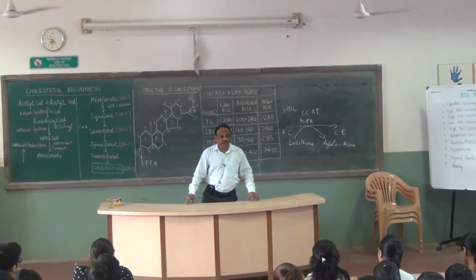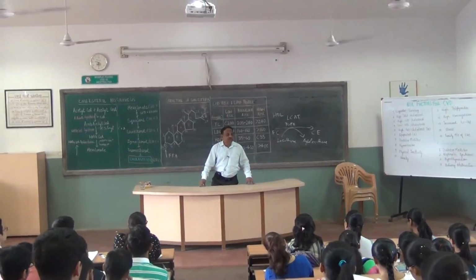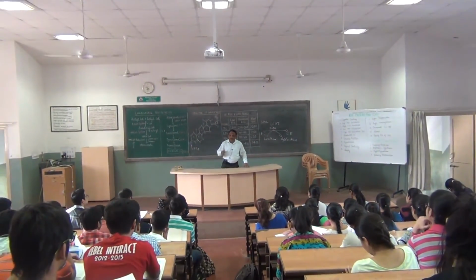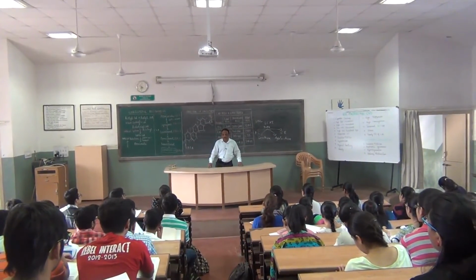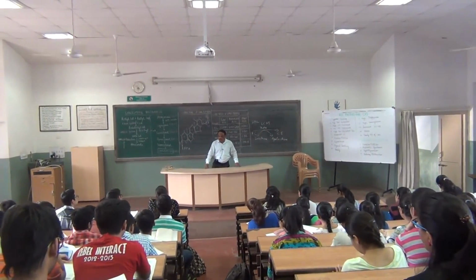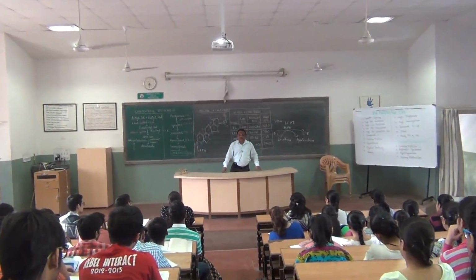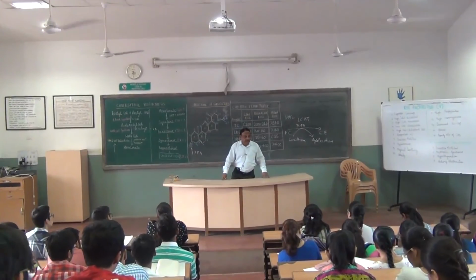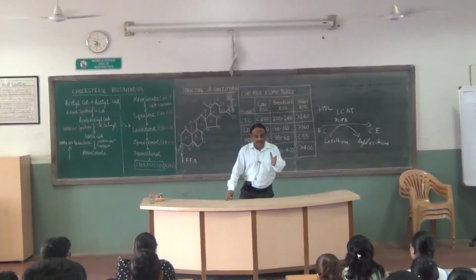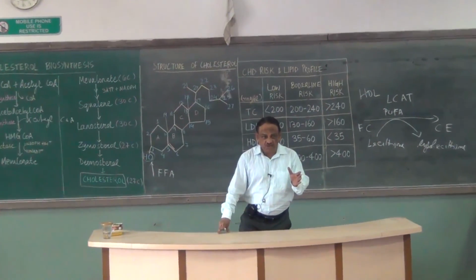So Eskimos, those who live in the polar region, do not get any heart-related problems because their main diet is fish. So that's okay. The saturated fat should be reduced. You know what saturated fat is? Non-vegetarian fat, excluding fish, is saturated fat. So that should be avoided.